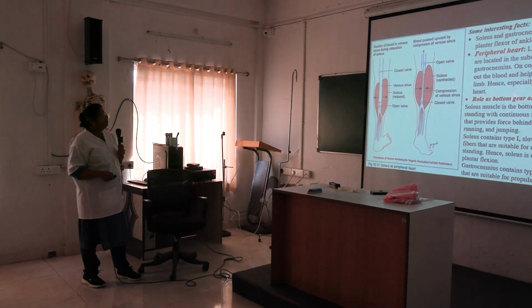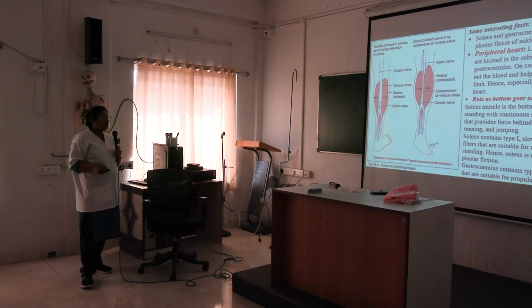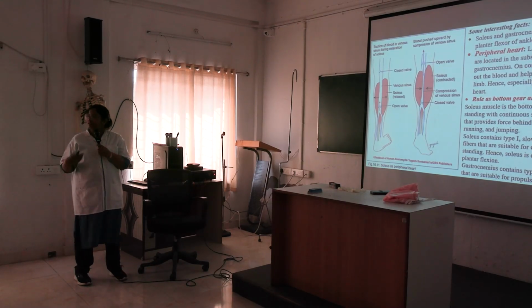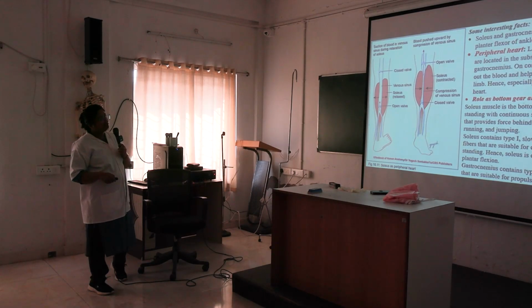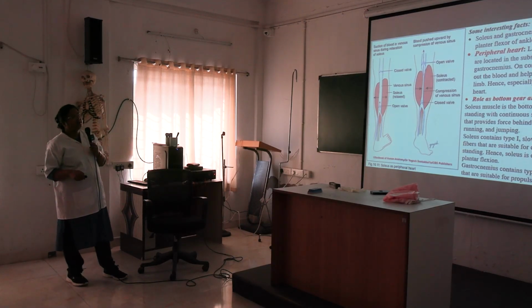Role of bottom gear and top gear. Soleus muscle is the bottom gear as it mostly helps in standing with continuous contraction. During walking and running the gastrocnemius is the top gear that provides force behind propulsion for walking, running, or jumping.